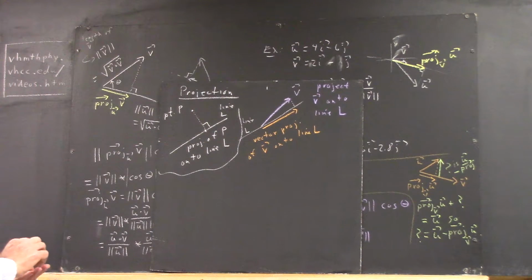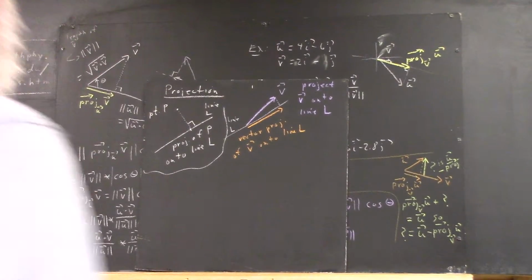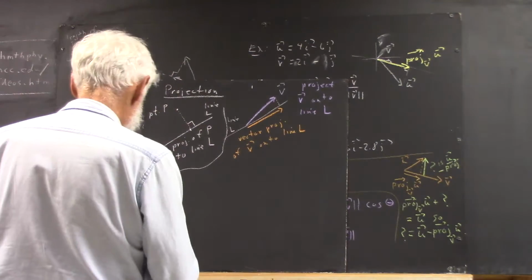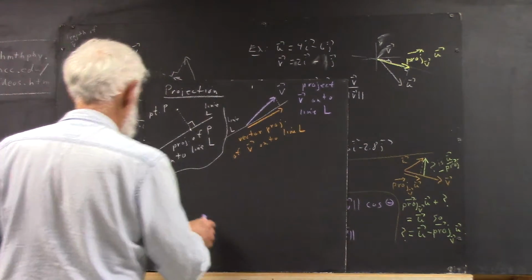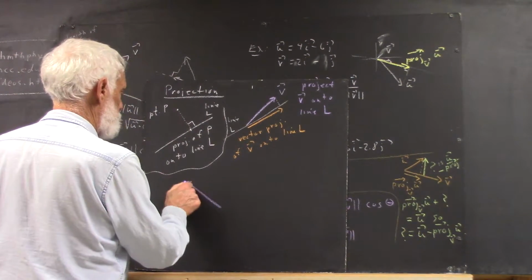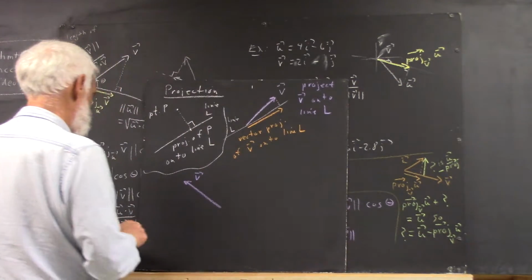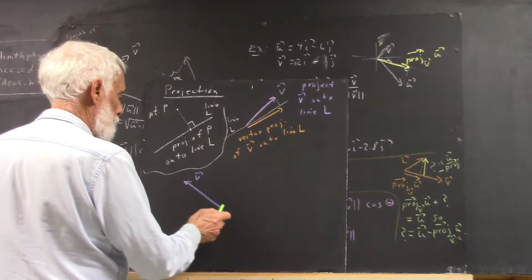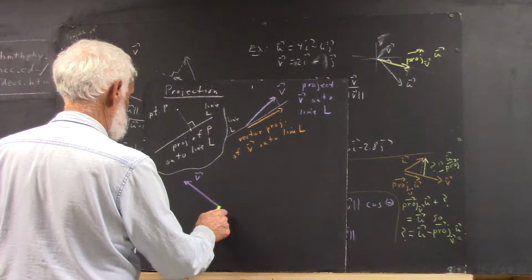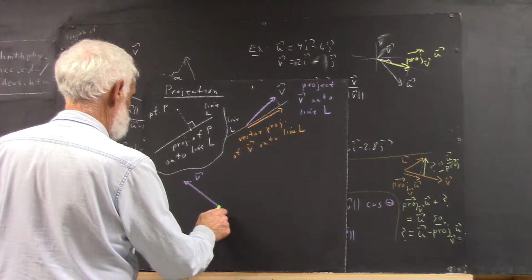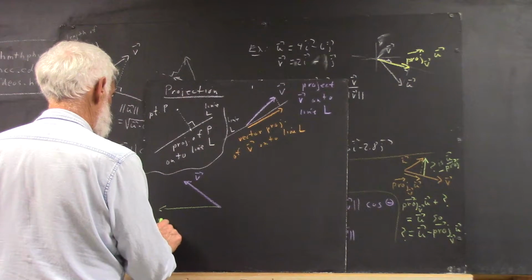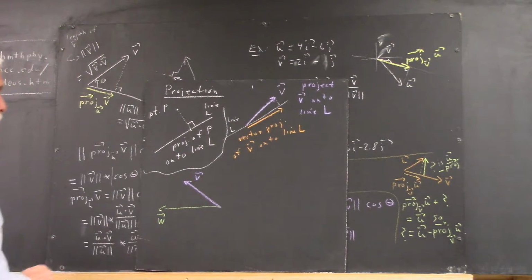Now, we also want to project a vector onto another vector. So now if we have a vector V, and another vector, say W, I'll draw it like this.